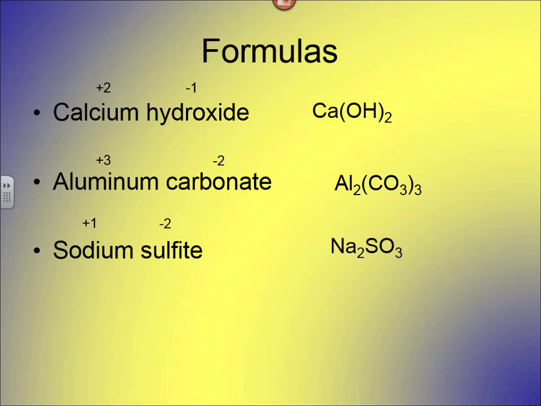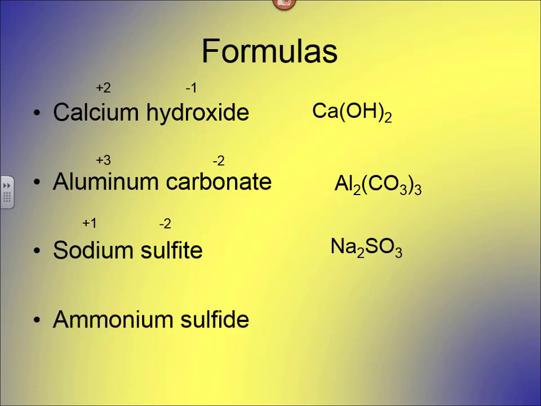SO3. Be careful when you look up things on the chart that you pick the right one. Did you notice right next to sulfite there is sulfate, which is different? One letter changes what that is. So you have to be very careful that you look up the right thing on the chart. And then again, crisscross your charges, they don't reduce, so you write your formula as usual.